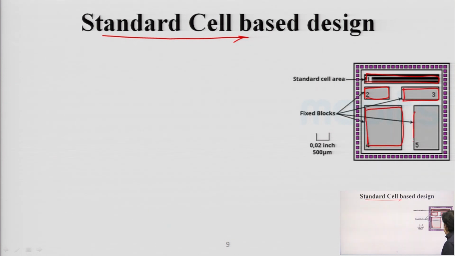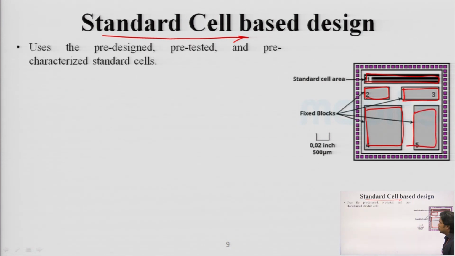These blocks, or standard cells, are already designed, manufactured and pre-tested; the characteristics of these standard cells are already tested.